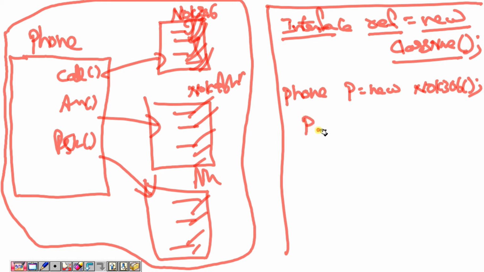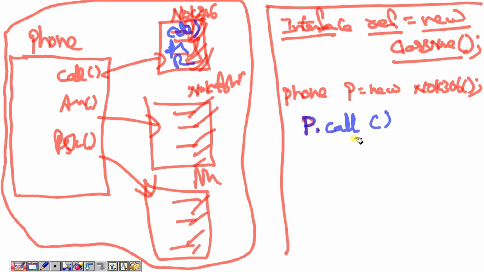And p dot, here call functionality is there, answer functionality, reject functionality. So p dot call.